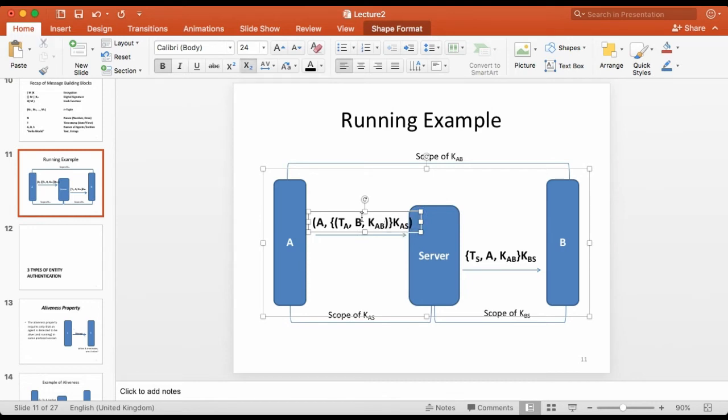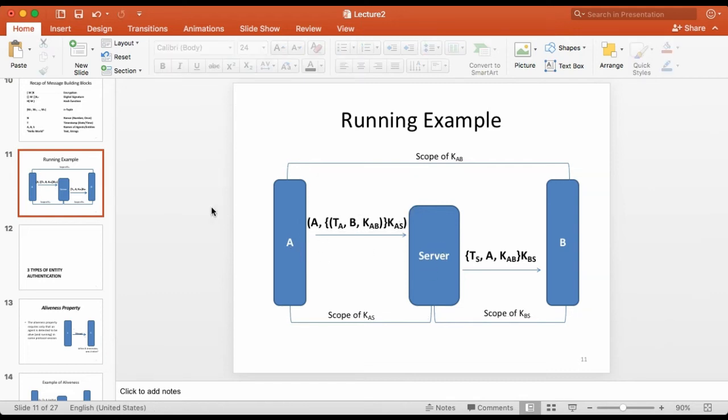What are these three things? First, a timestamp created by Alice, then B's name, and a key which is being proposed by Alice for communication with Bob. The whole thing is encrypted using the key that Alice shares with the server.